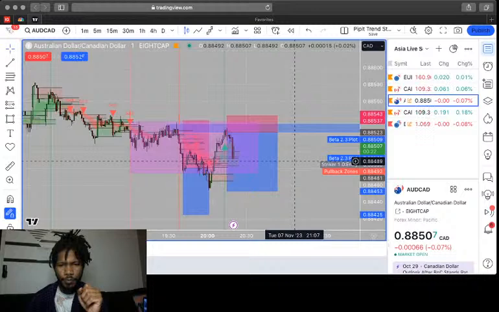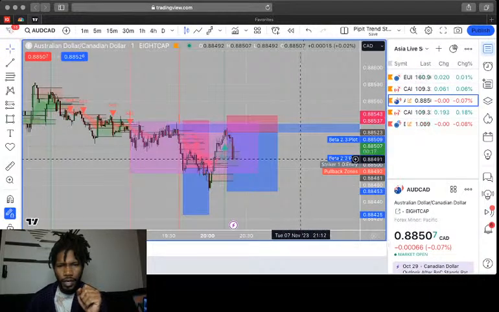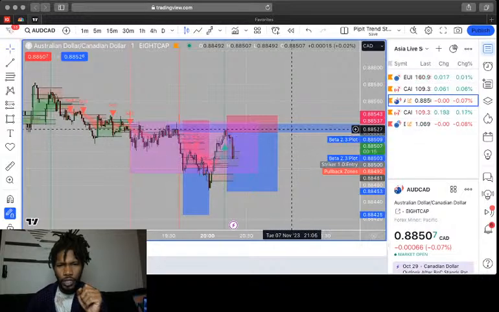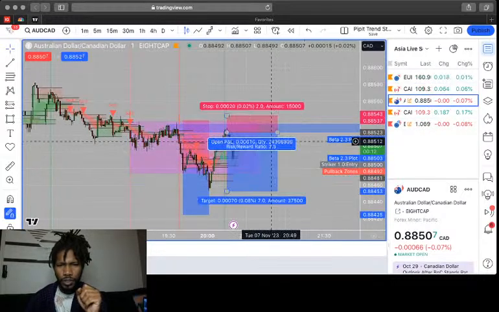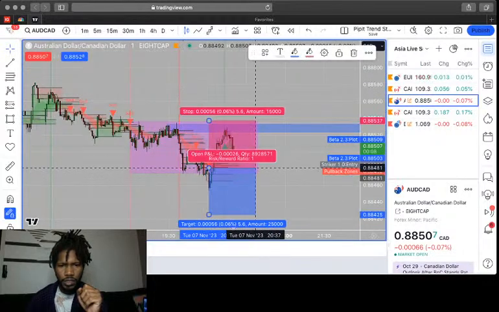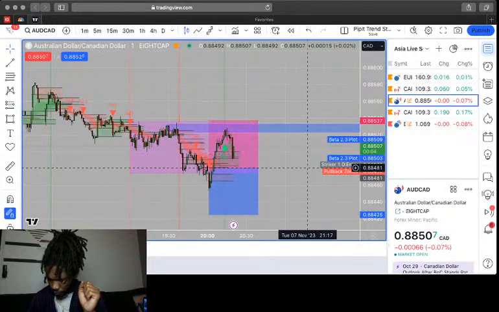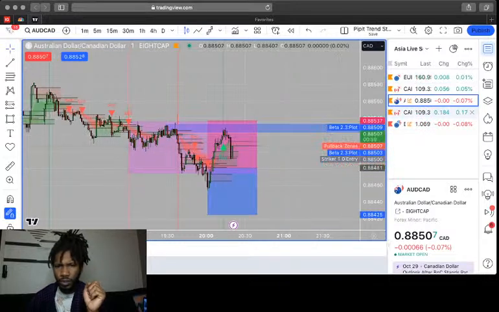But I'm a little worried. This impulse move could very well just push back up, try to take out these highs. So we're just going to continue to keep an eye on ACAD.